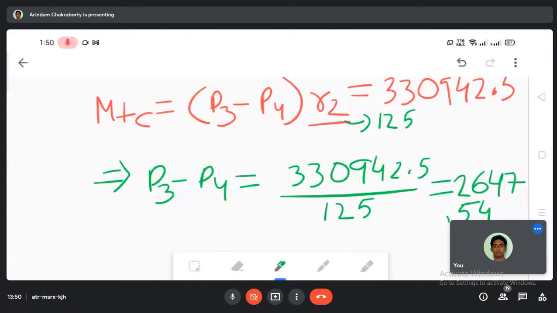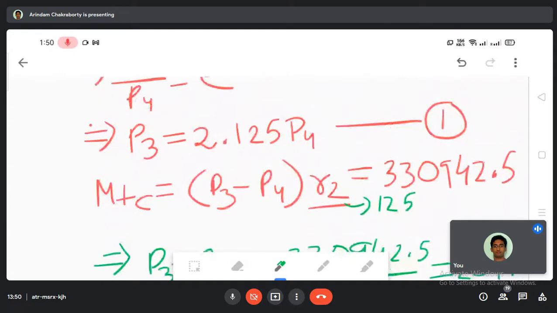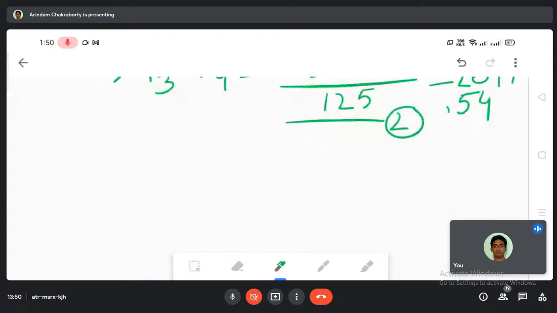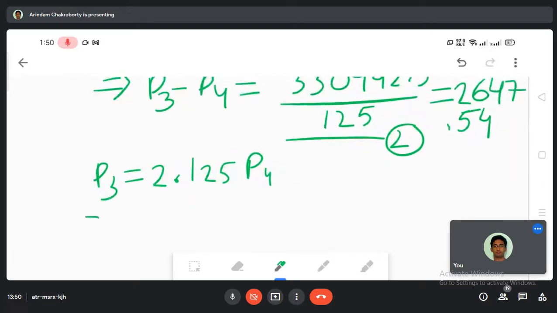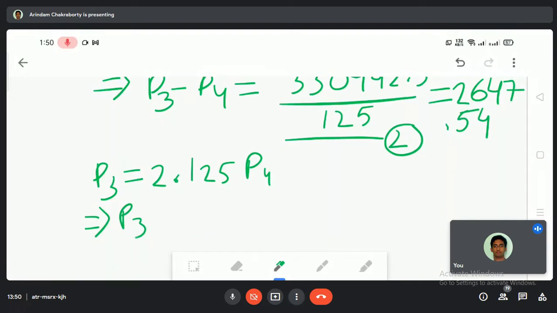Then after what we can do is that from here let us consider this to be equation 2. Now what is there in equation 1? Let me summarize it. We know that P3 is equals to 2.125 P4, and we also know that P3 minus P4 is equals to 2647.54.